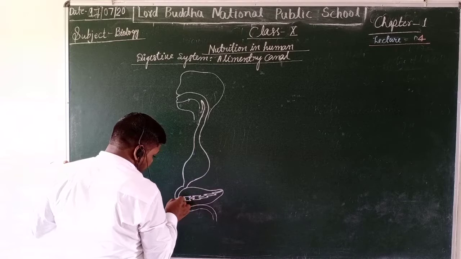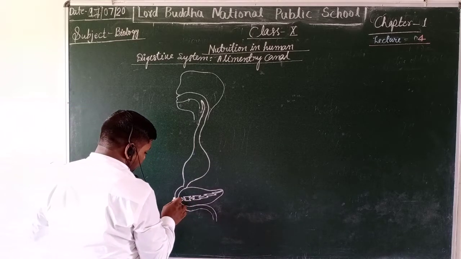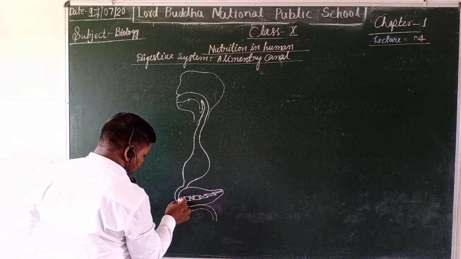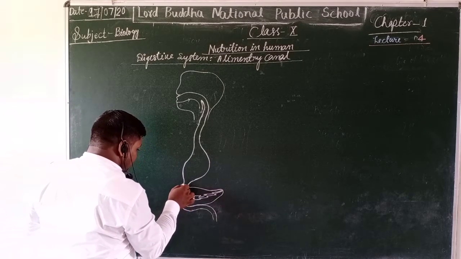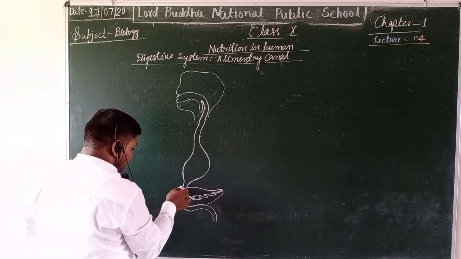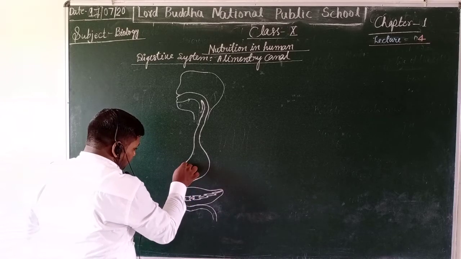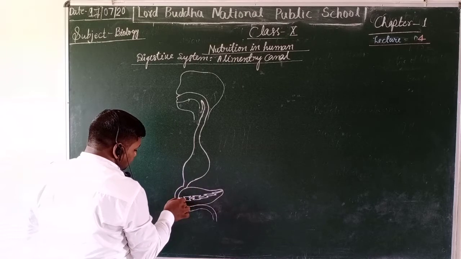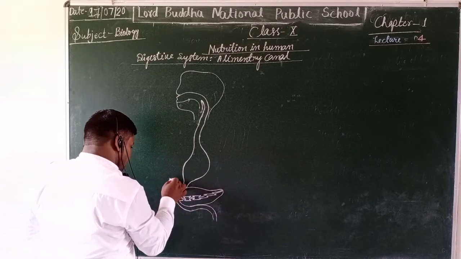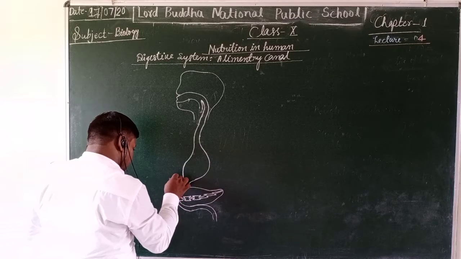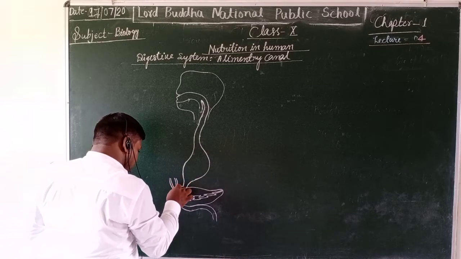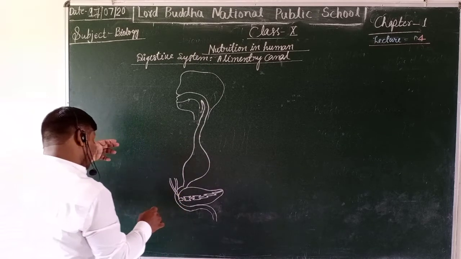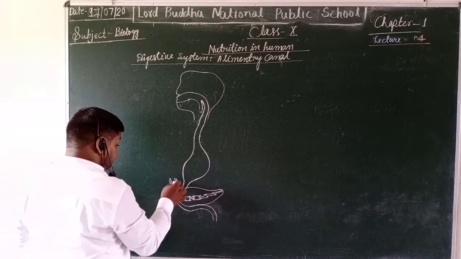It is a mixed gland and known for the secretion of both enzymes and hormones. And just above the pancreas and in front of the stomach, also a gland is present on the hepatic duct.